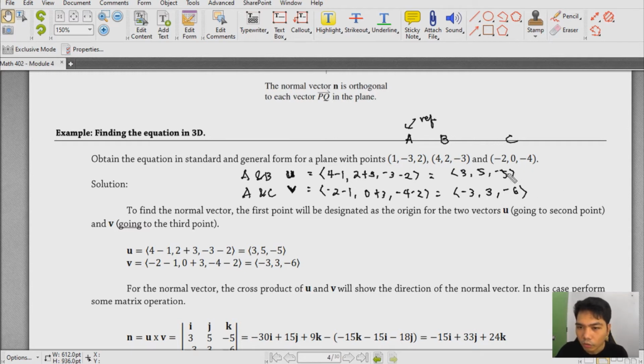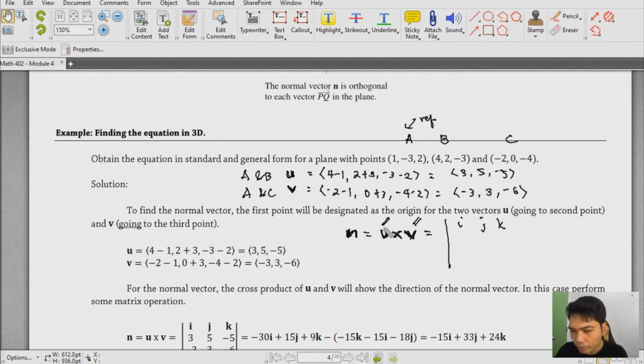Okay, so with all these values, U and V, we can now proceed with the cross product for our normal vector. Our normal vector n can be determined by the cross product of the two vectors that we've already obtained. By cross product, we mean na this is the determinant of i, j, k, and then yung ating mga row vectors, uunahin natin itong U and then V. So, ano ba yung U?